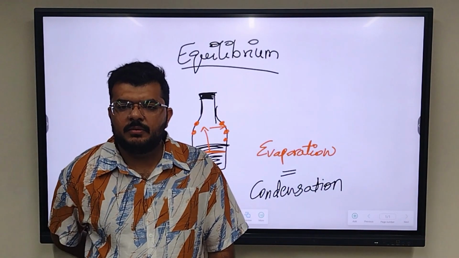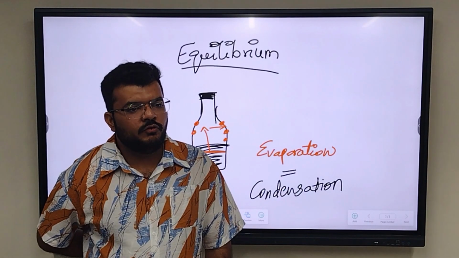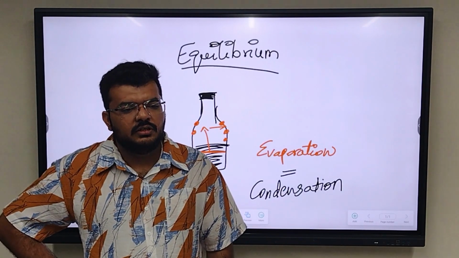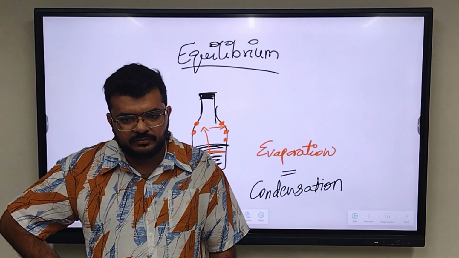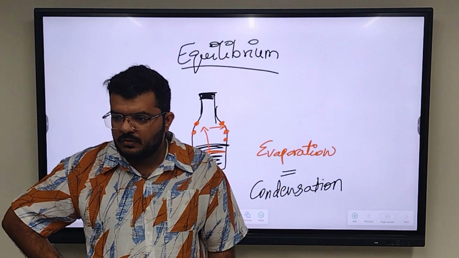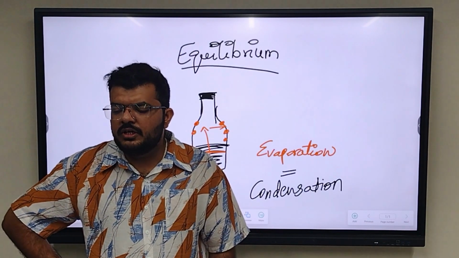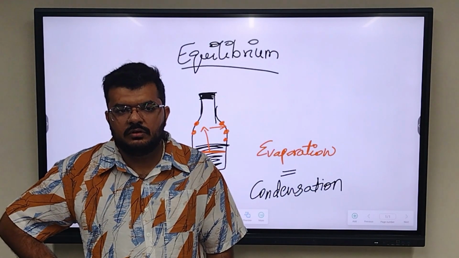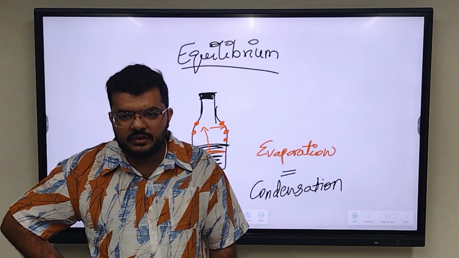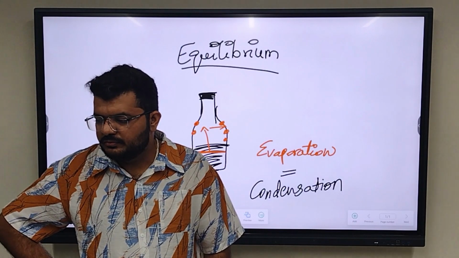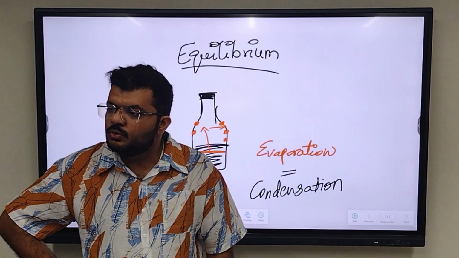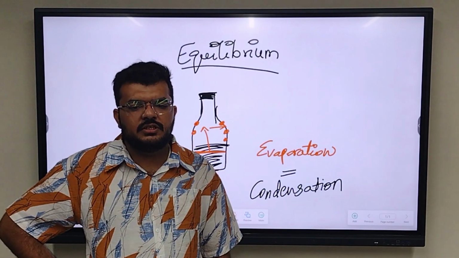Equilibrium is said to be established when the rate of forward reaction is equal to the rate of reverse reaction.